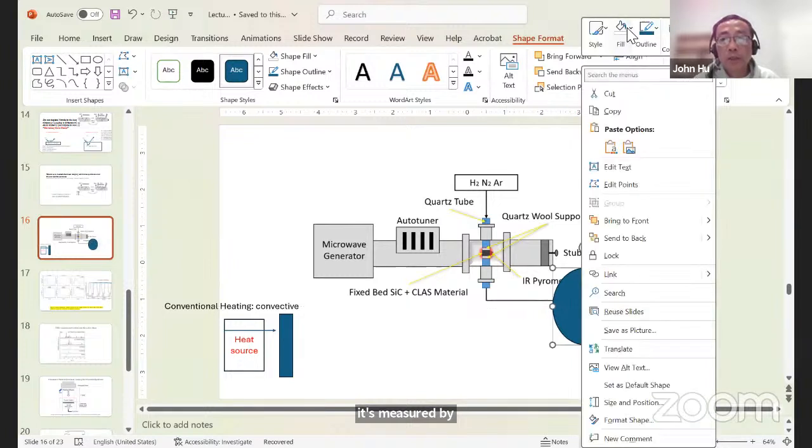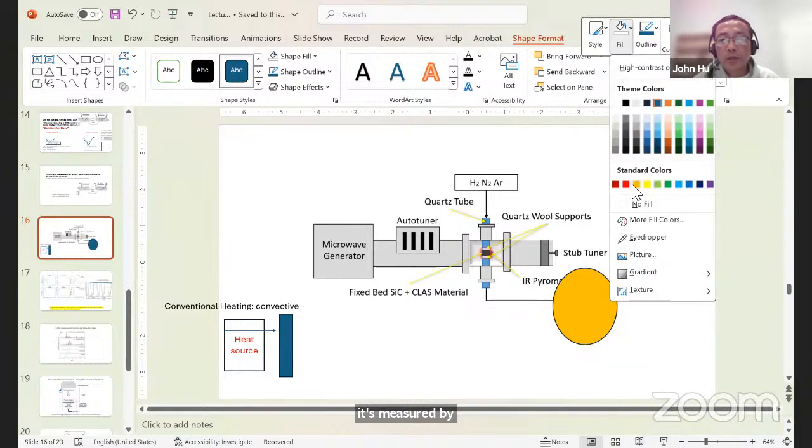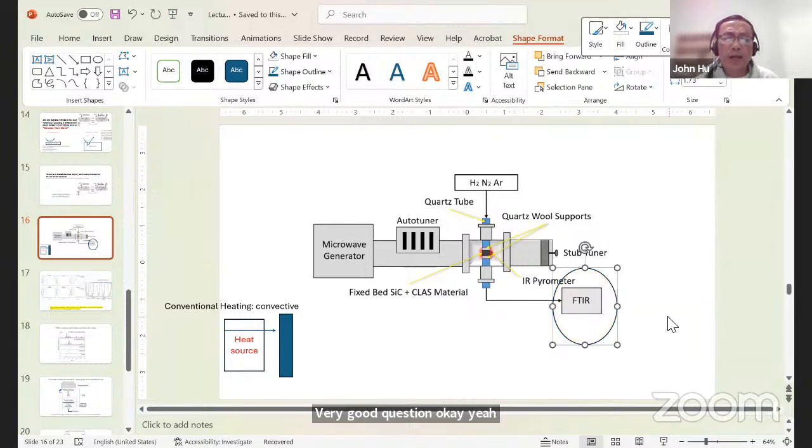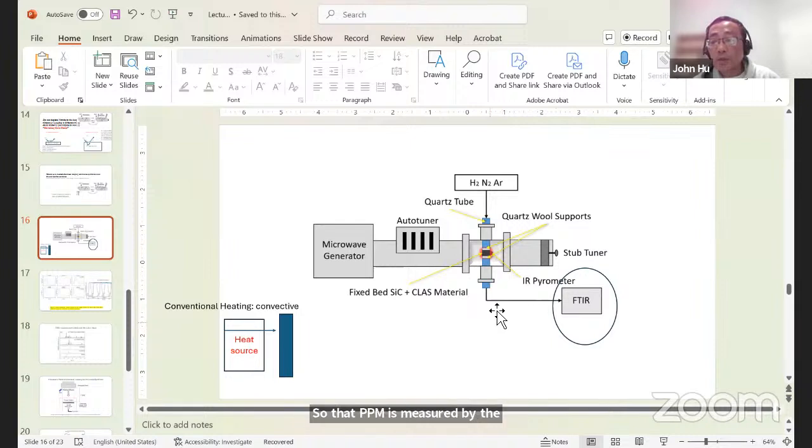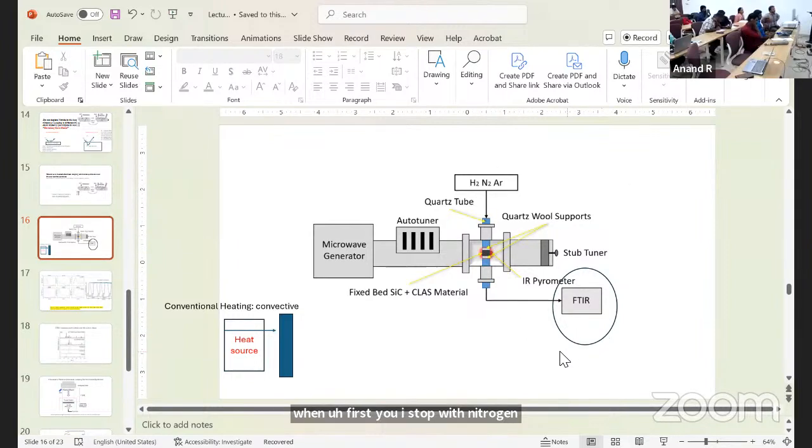Sorry, I think your microphone has some feedback. You have to speak very slowly before I can hear you. So that ppm is measured by the FTIR. It's a concentration. First you absorb nitrogen, then you absorb hydrogen.